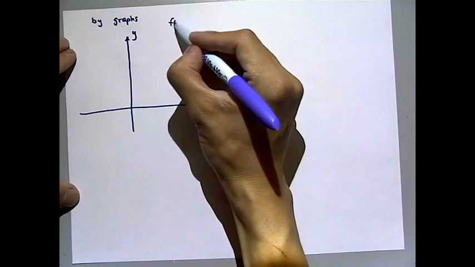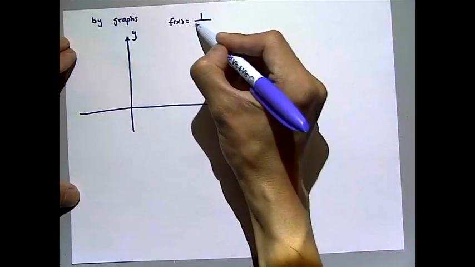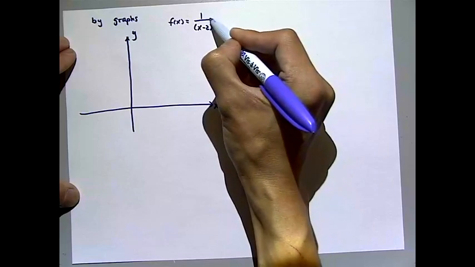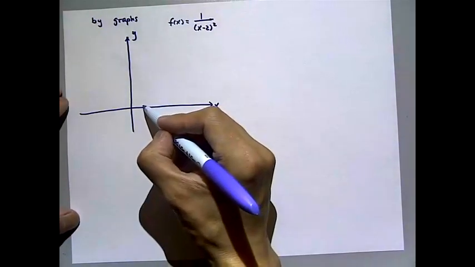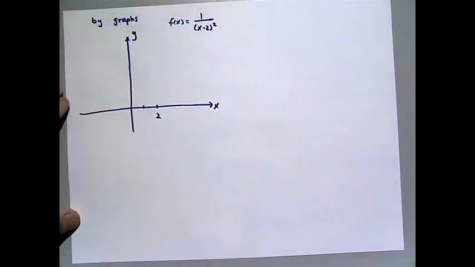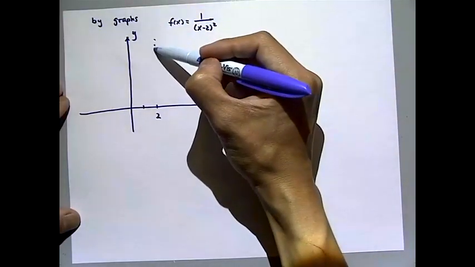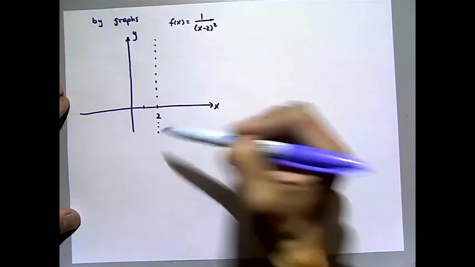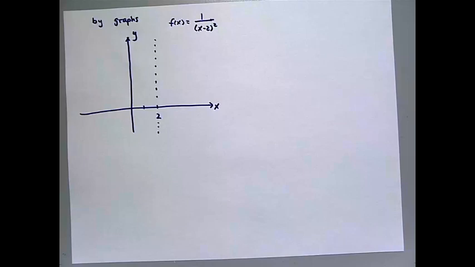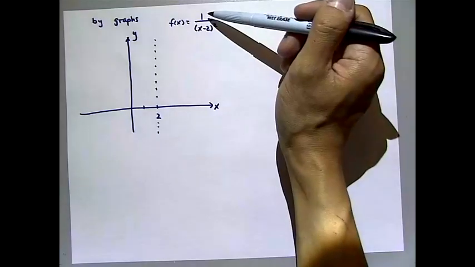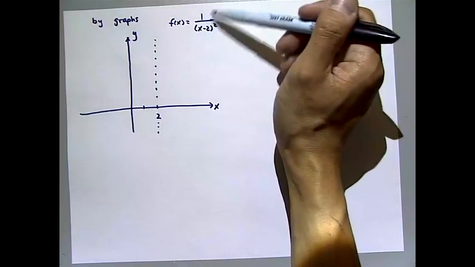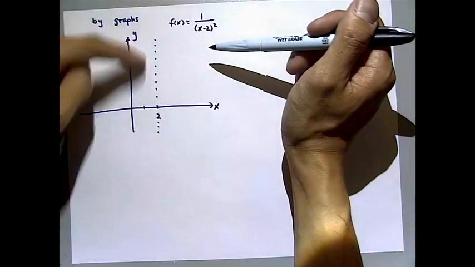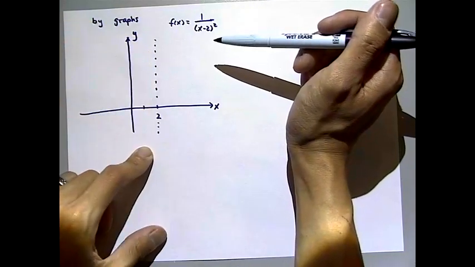The function 1 over x minus 2 squared is the same as 1 over x squared, but shifted to the right by 2 units. Two is a vertical asymptote. A vertical asymptote occurs, you remember, when the numerator is not 0, but the denominator is 0. So you've got a regular number dividing by 0, that's when a vertical asymptote is going to occur.